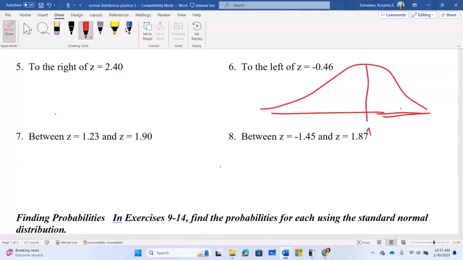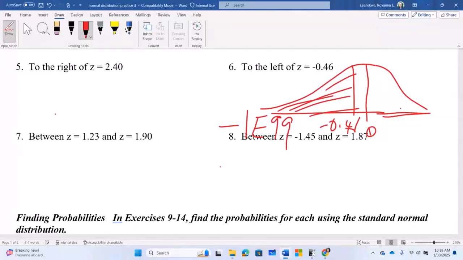So this is 0. The point, negative 0.46, is somewhere near 0. And I'm told to find area to the left. Area to the left, which is negative infinity, is right here. Negative infinity is represented by -1 e to the power 99.